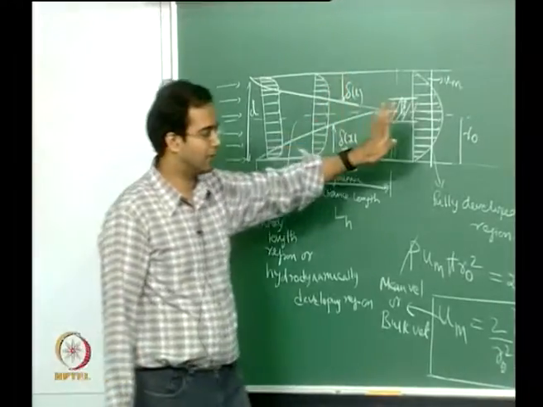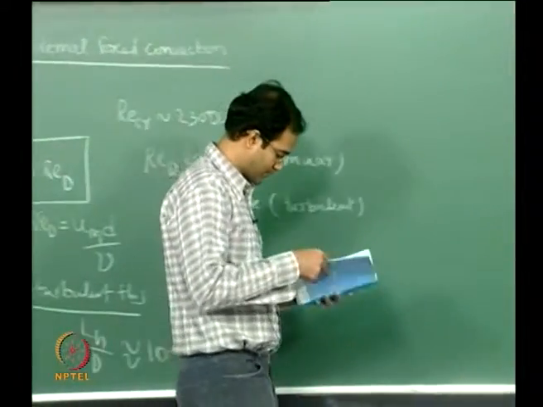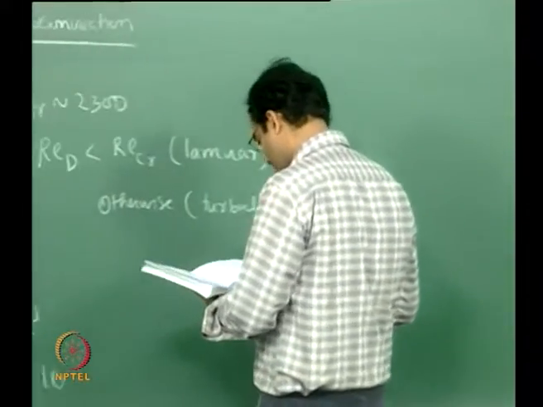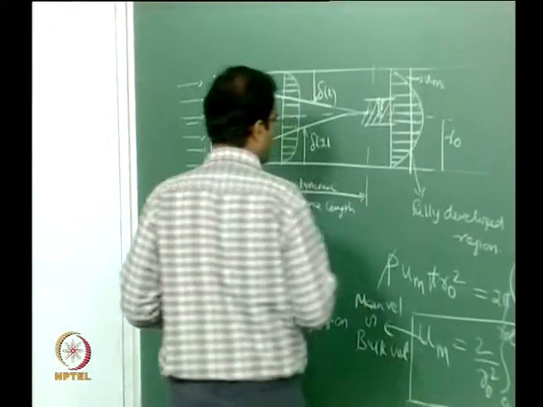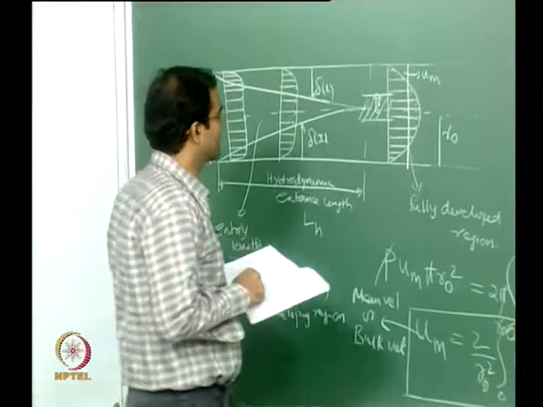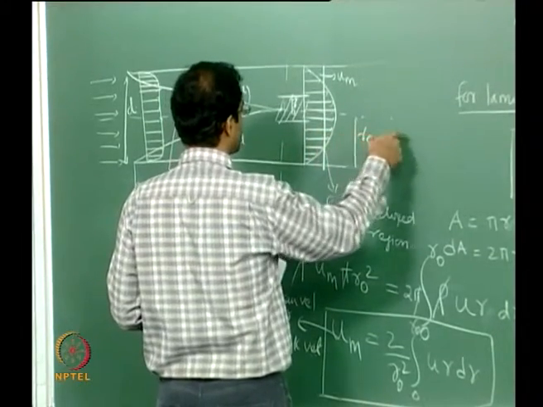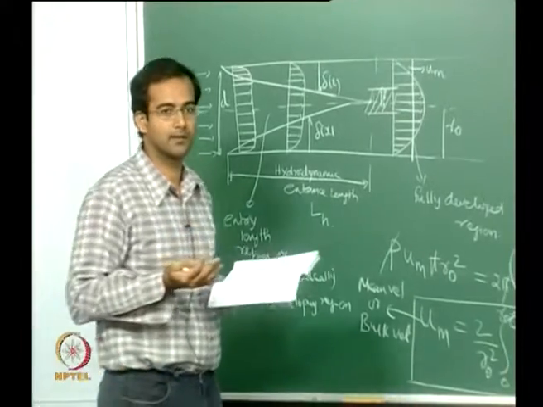Therefore the entry lengths are much smaller for turbulent flow than laminar flow. Now, consider the condition to determine that the flow is fully developed. You can see from the shape of the velocity profile that if you plot it somewhere downstream, they are all going to look very similar.